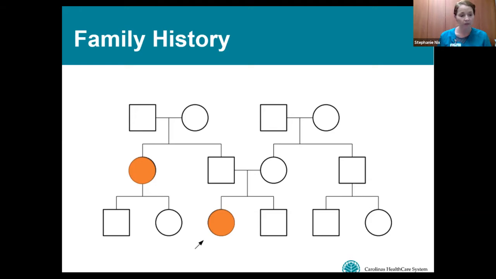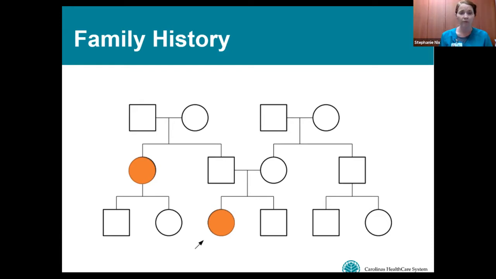When we take a family history during genetic counseling, what we are doing is trying to get the big picture on the whole family, not just who has cancer, but everybody in the family. And then when we think about cancer risk, we want to document who has had cancer, what type of cancer they had, and what age the cancer was diagnosed. And we absolutely understand that we don't know everything about our relatives.